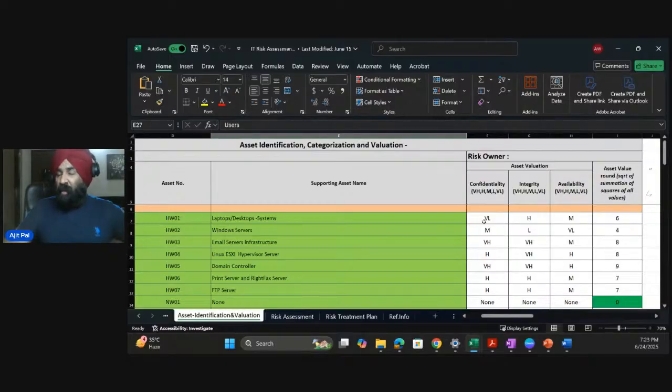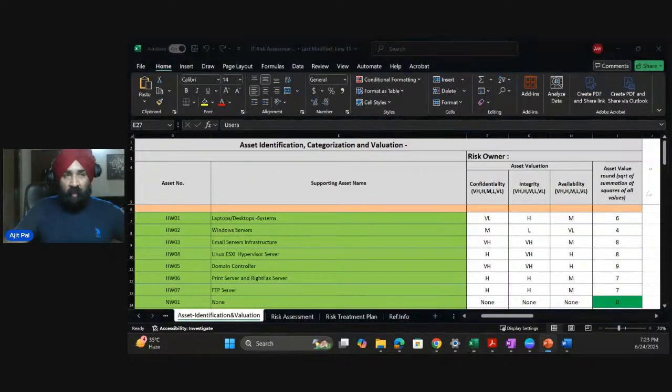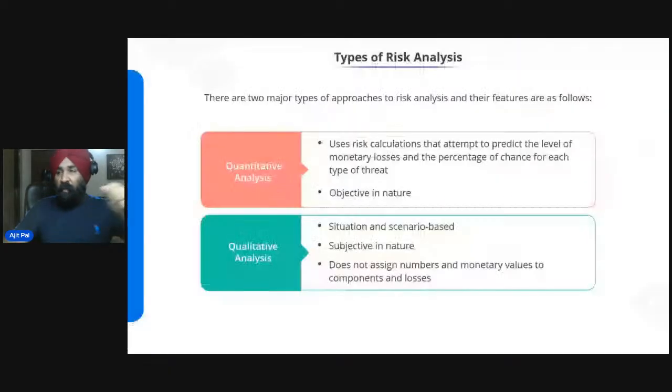But ultimately, it's qualitative only, which we use in our day-to-day life. As far as my experience is concerned, I've never seen the quantitative one. And even if you read the ISO 27005 standard document, they also suggest qualitative risk analysis.